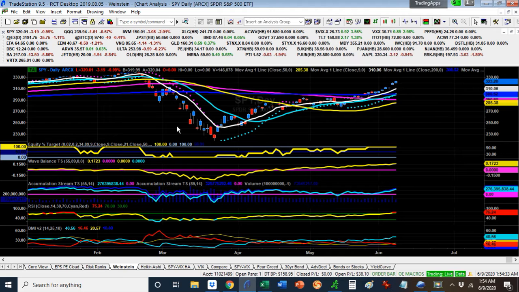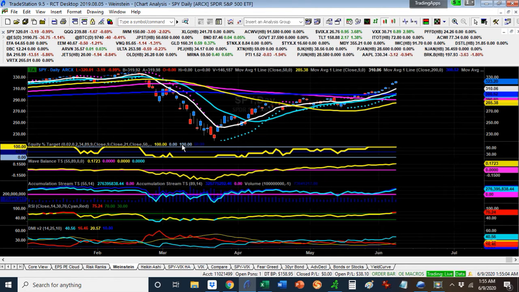It's being driven a lot by algorithms and momentum traders, and what I found is that it has a very high propensity to follow what the average price is for the past 2 days. If the market has gone up for the past few days, typically it'll go up on the third day. Conversely, if the market's been down for the past 2 days, it'll also go down on the third day.